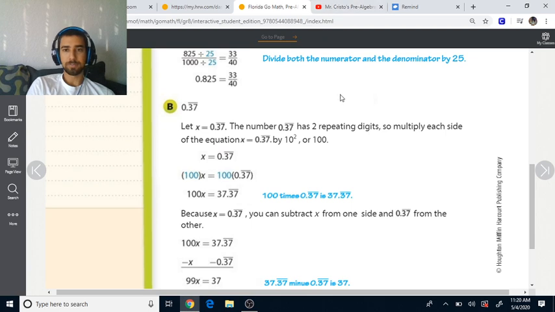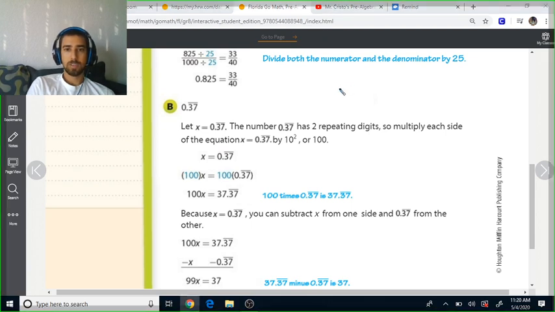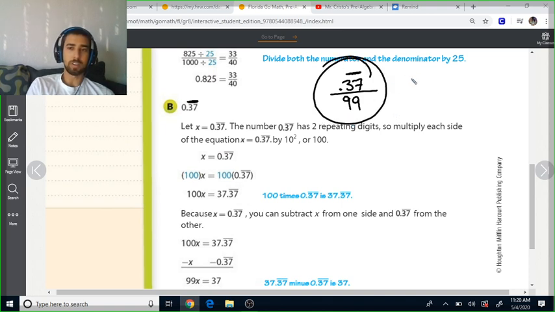You might want to write this down. Repeating decimals are always, instead of it being divided by 100, in this case the last numbers are in the hundredths place, repeating decimals are going to be over 99. 37 and 99 don't have a number in common, so this is already your final answer.